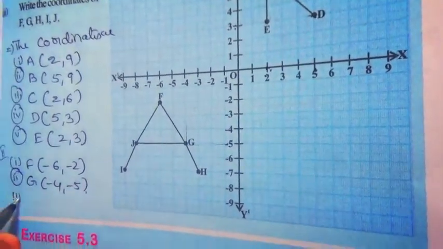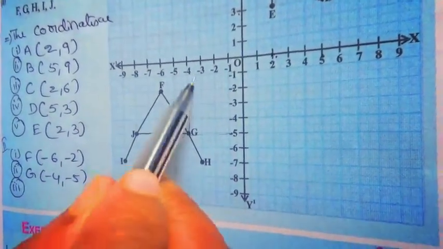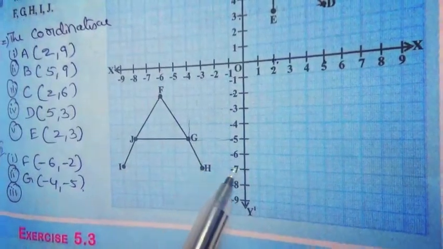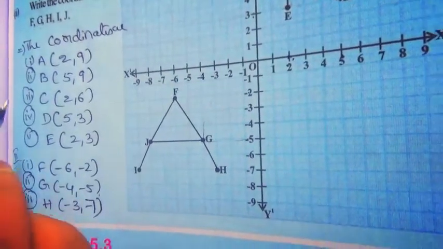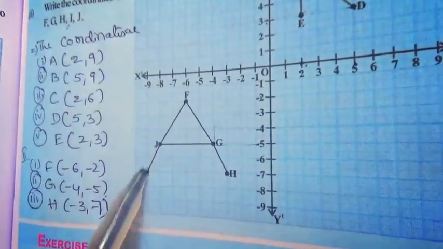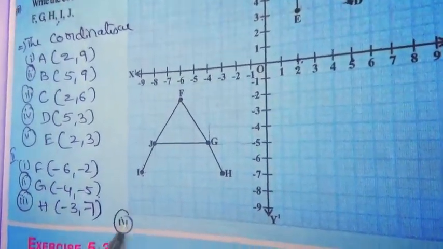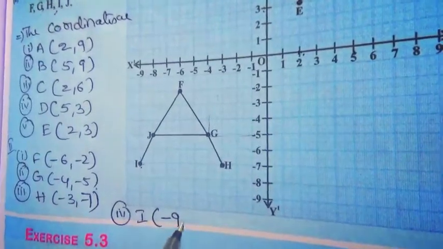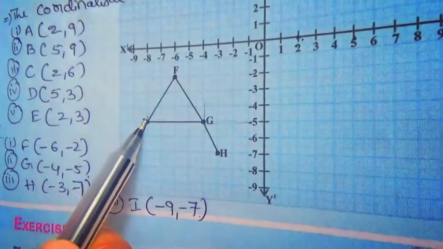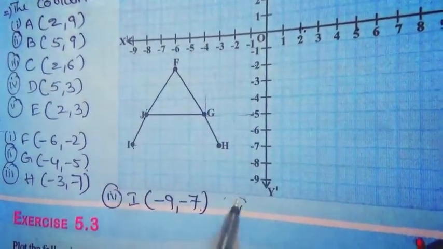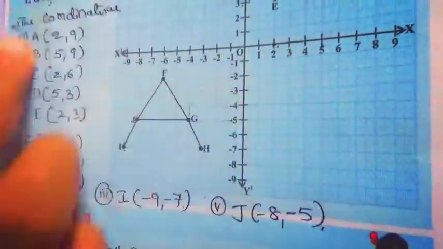First of all, we always have to check the x-coordinate. H is (-3, -7). Next, I is (-9, -7). J is (-8, -5). So here we finished this.